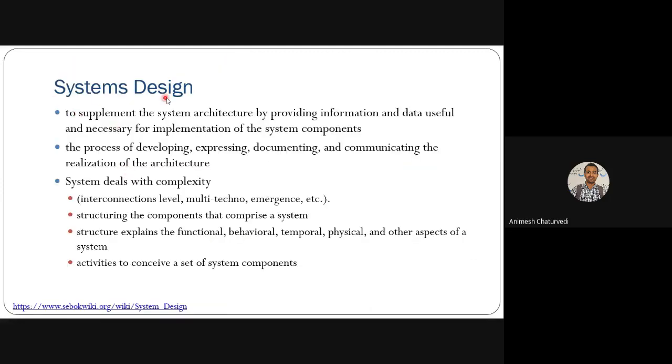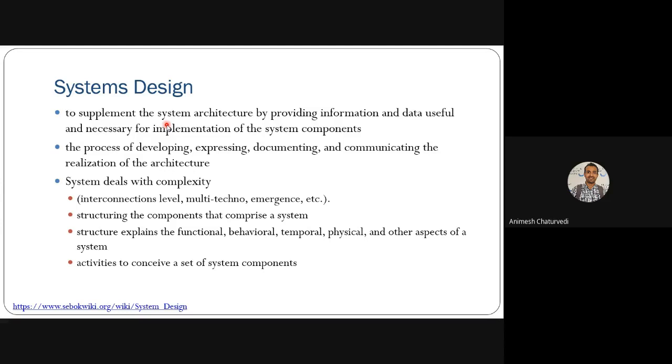Then you have the system design, which further supplements the system architecture by providing information and data useful and necessary for the implementation of the system component. So the purpose of system design is to provide useful information for the system architecture. What information is provided by system design?